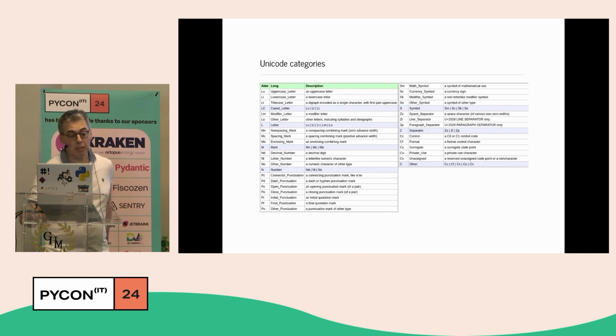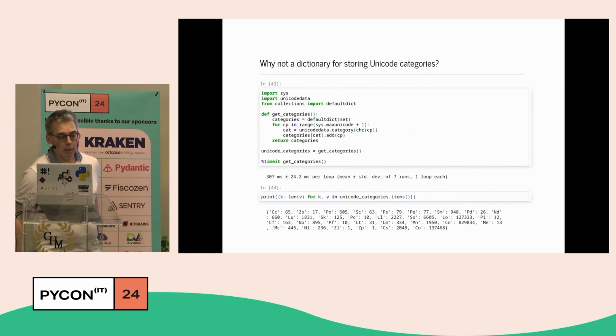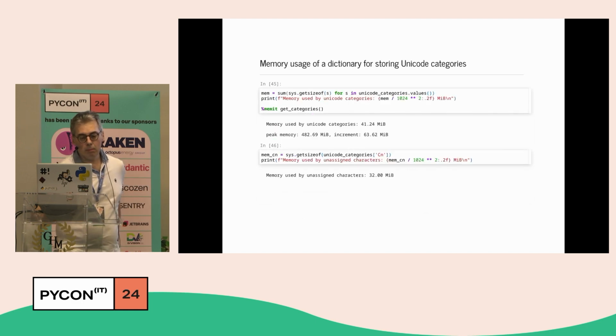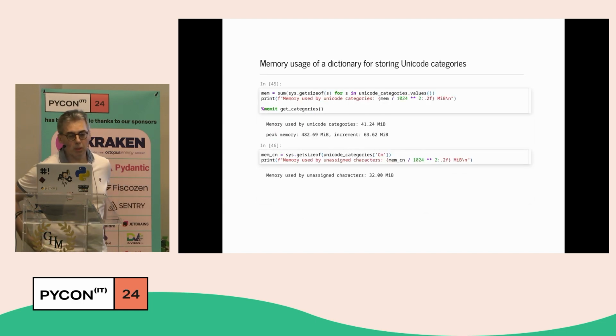In other implementations, I saw that they have used similar tricks, because processing all the Unicode categories raw with the subsets involves memory problems. Also, there is the memory usage of dictionaries for storing these categories.